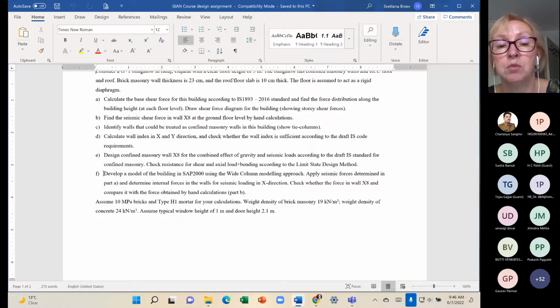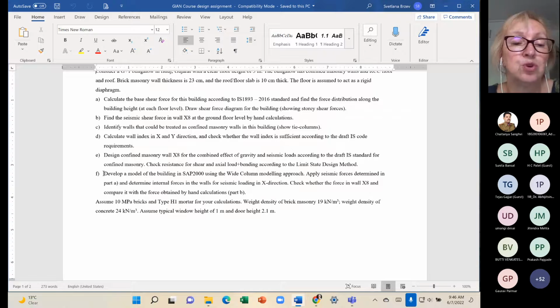So you can model it in SAP 2000, and you will be asked to apply seismic force again in X direction only. You can check the walls, X8 or any other wall; for X8, definitely you will do hand calculations. How does it compare to what you got through hand calculations?